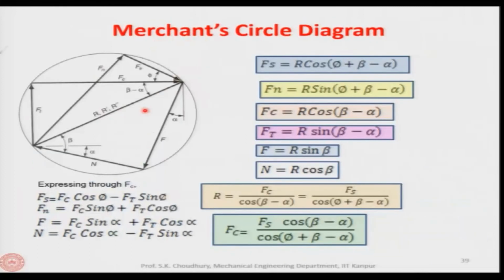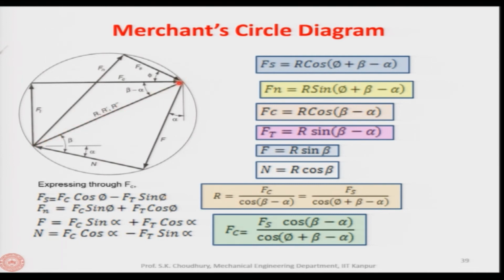So, if you make a circle with r or r prime as diameter, then on the periphery all the tips of these components will be lying. That is what they are showing here. So, this is the circle, and the circle diameter is r or r prime.